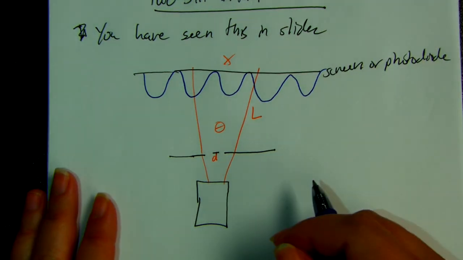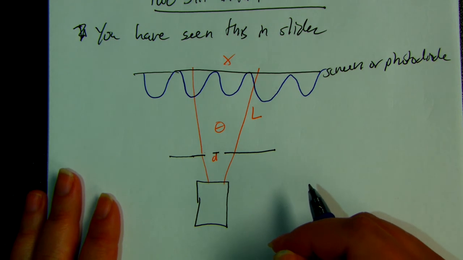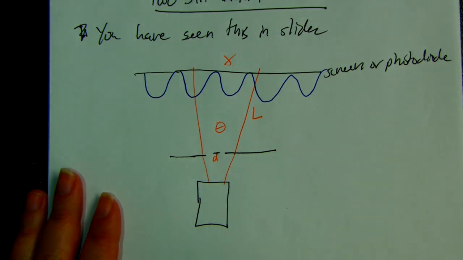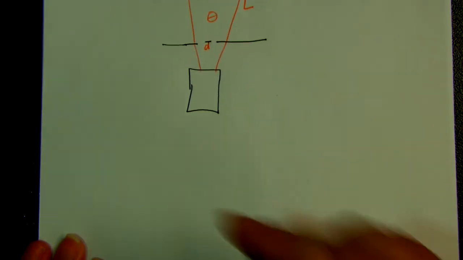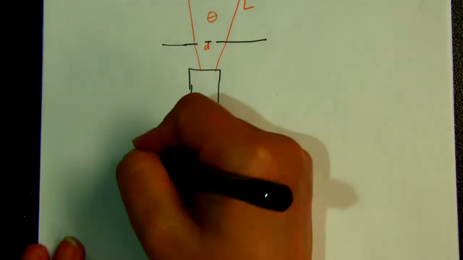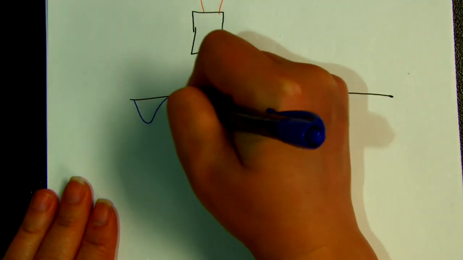So let's see. I did not draw this very well. Okay, what I wanted to draw is a maxima to maxima. I drew too many wavelengths. All right, so let me try this again. Maybe this time I will draw that first and then work backwards.